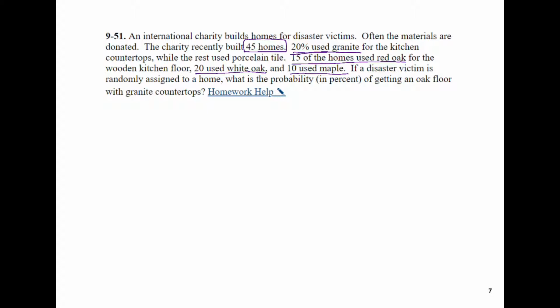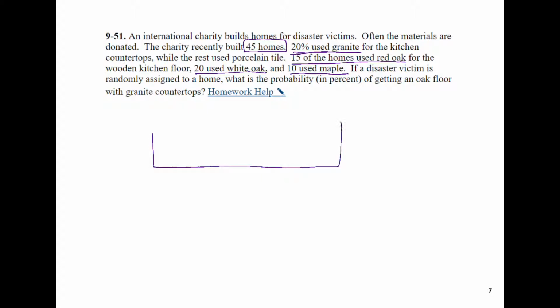If a disaster victim is randomly assigned to a home, what is the probability in percent of getting an oak floor with granite countertops? So in this scenario, we can draw a model.